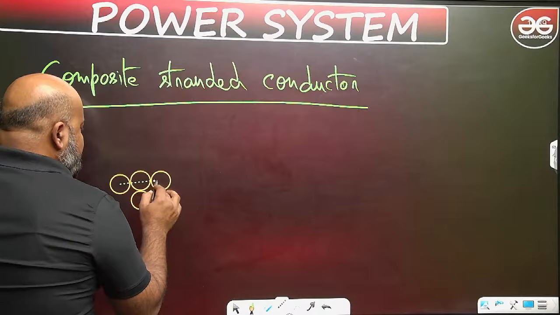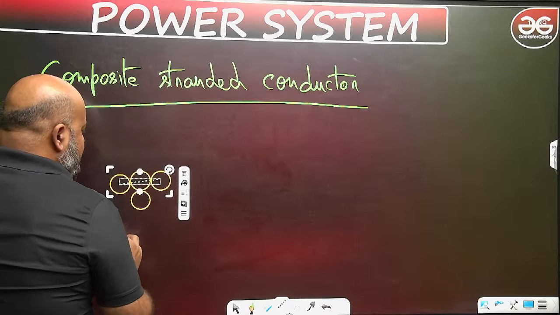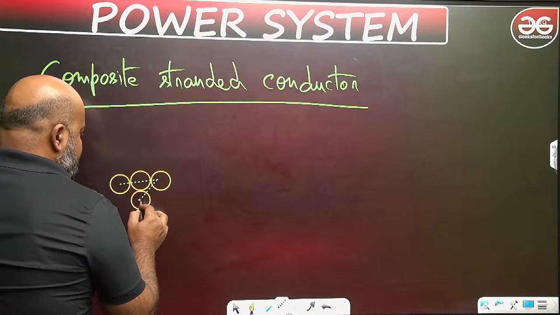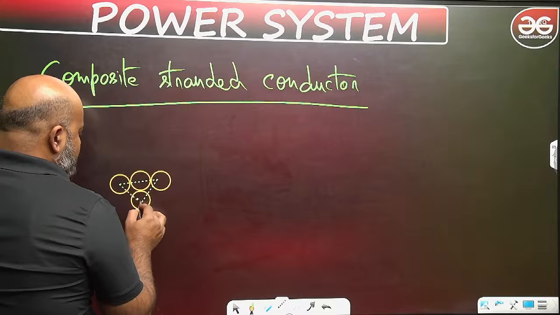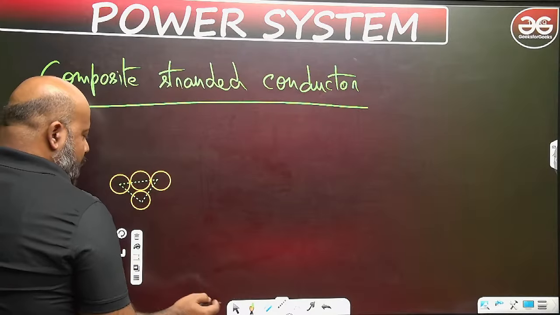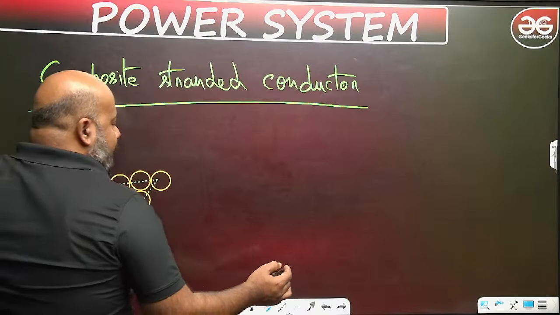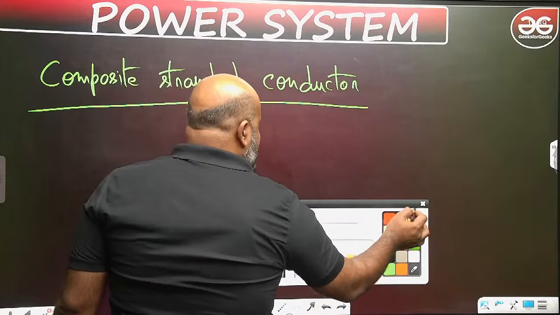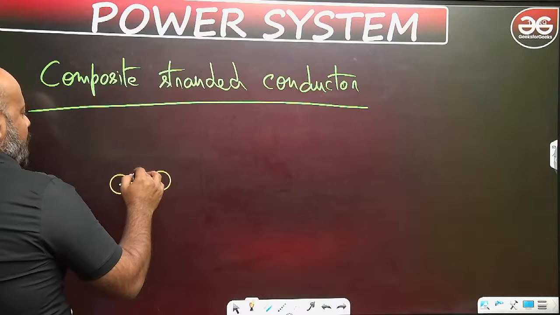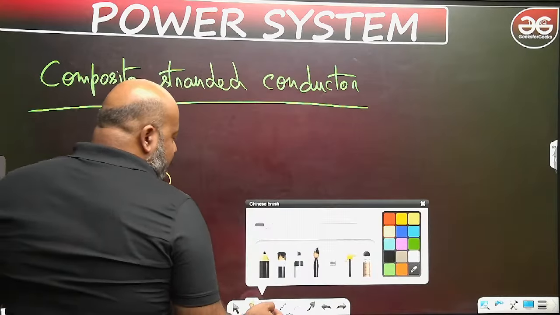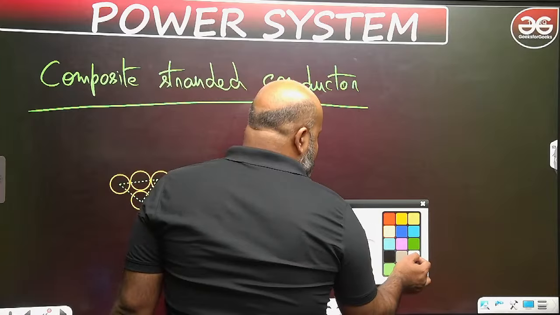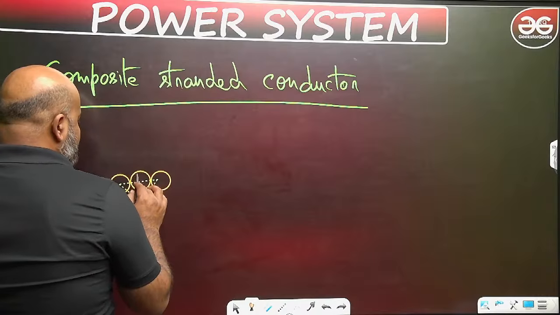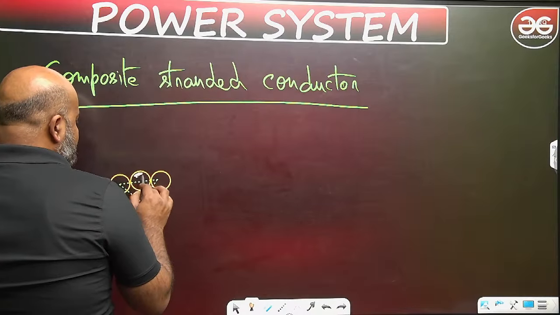If you have seen the previous year paper, you must be remembering this particular question. Something like this. The only trap or trick was that this was a steel conductor.